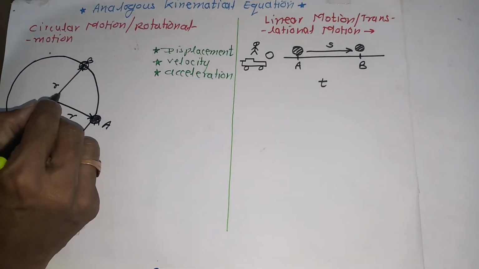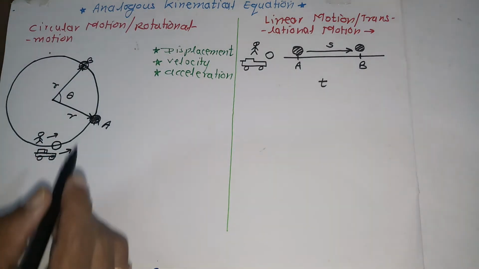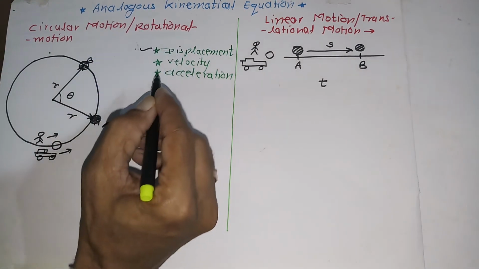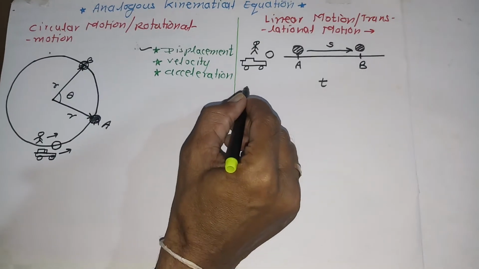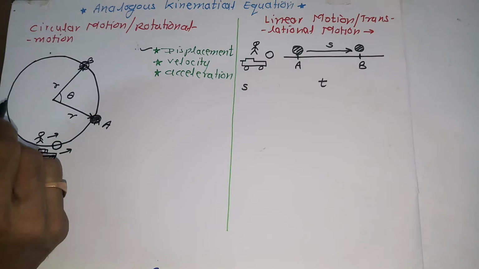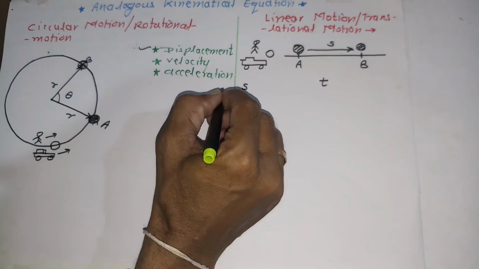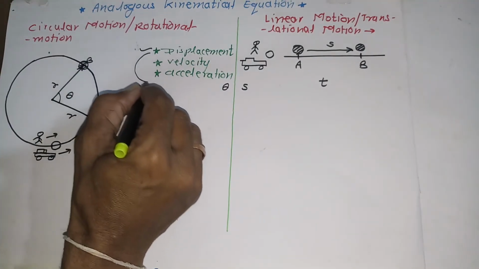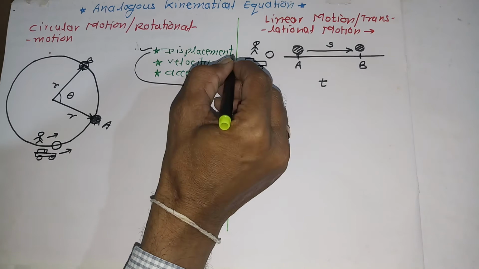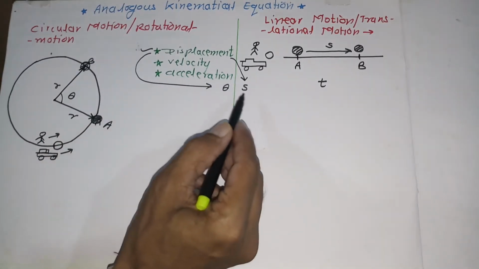This angle is called angular displacement theta. What I mean to say is, the displacement in linear motion is called linear displacement, and in circular or rotational motion, it is called angular displacement theta. So in circular motion it is theta, in linear motion displacement is s. This is how you can use the analogy between the physical quantities.